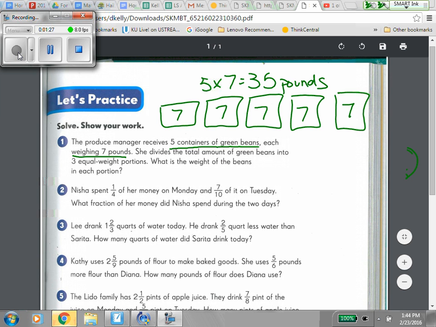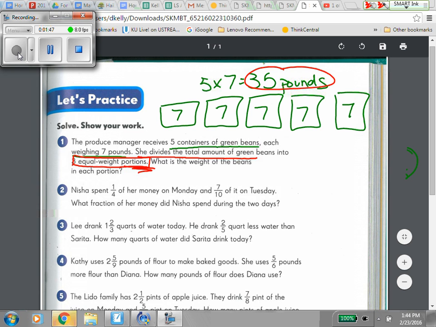Okay, so that's good. Then what she does is she is going to take those 35 pounds and divide the total amount of these green beans, which is 35 pounds, into 3 equal weight portions. Portions, it might be a plateful, it might be a basketful, but they're going to be equal weight.